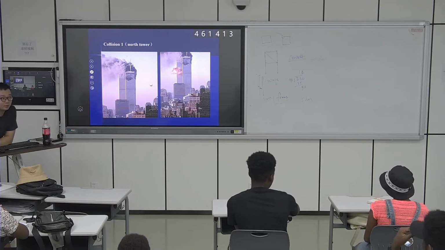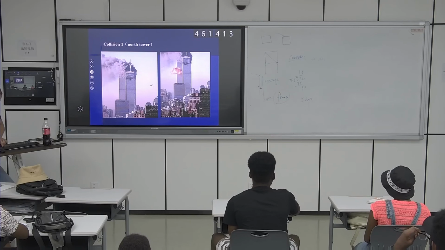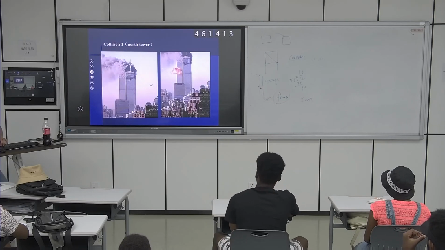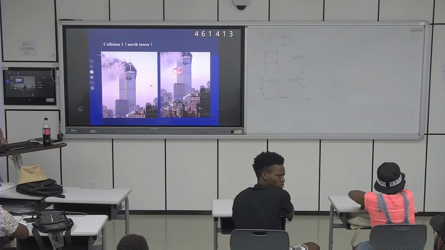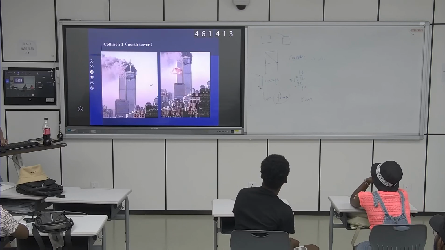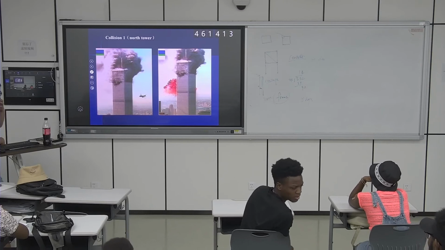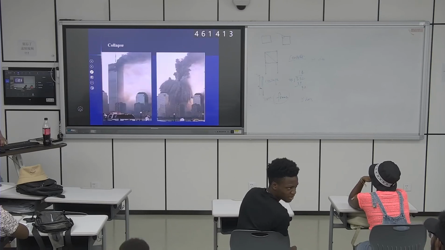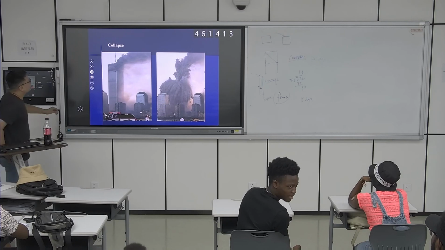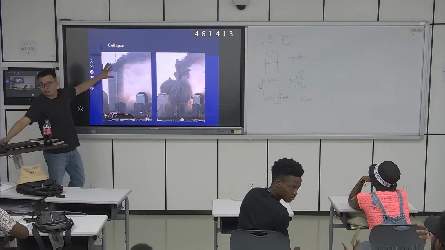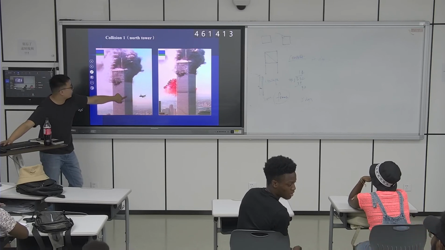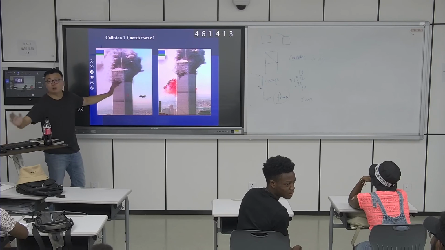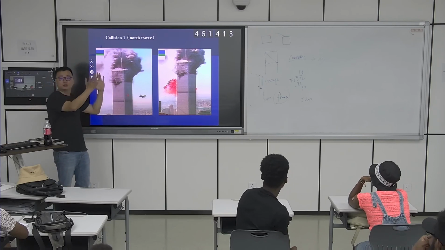Okay, some weak points or drawbacks. You can see its explanations. At high temperature, it will be weak for the steel structure, right? Two planes. You can see this one. Normally, the building is stable when the plane hits the building, right? The building didn't collapse, right?